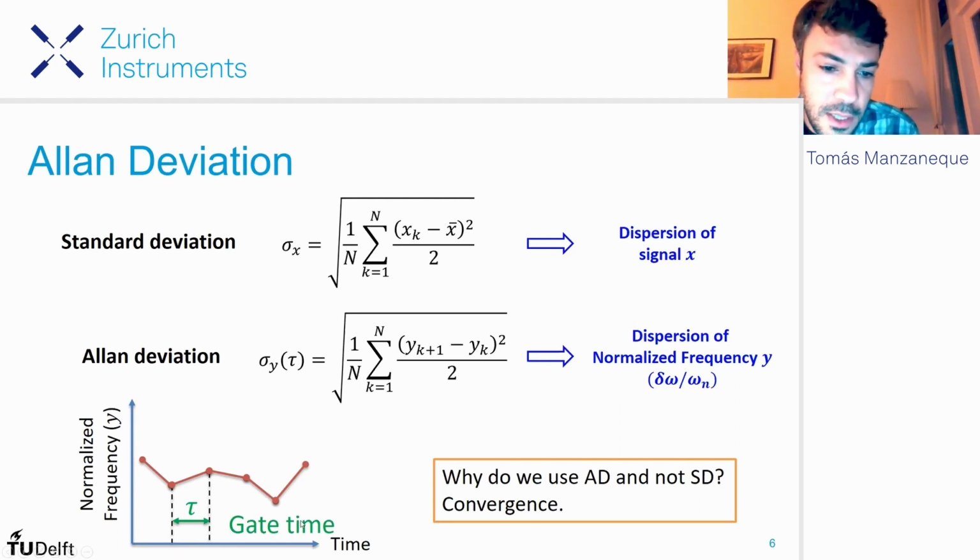So when we have frequency data and we use the standard deviation, this condition is not met, especially if we have flicker noise. There is a lot of mathematical detail involved to reach this conclusion. But the take-home message here is that in the particular case of frequencies, we use the Allan deviation, which is just a modified version of the standard deviation.